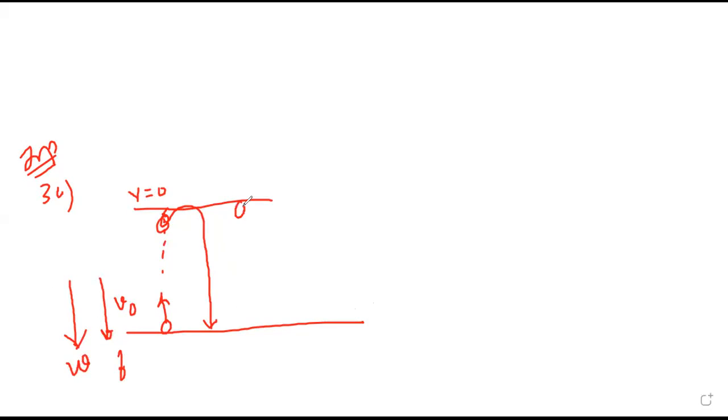When it is coming down, the initial velocity becomes 0 and we have to calculate the final velocity. In this case, the force acting is the weight downward, and drag is opposite to the motion, acting in the upward direction. It is constantly dragging it. That means when it is going up, it pulls it down, and when it is going down, it pulls it up. Did you understand both these concepts?